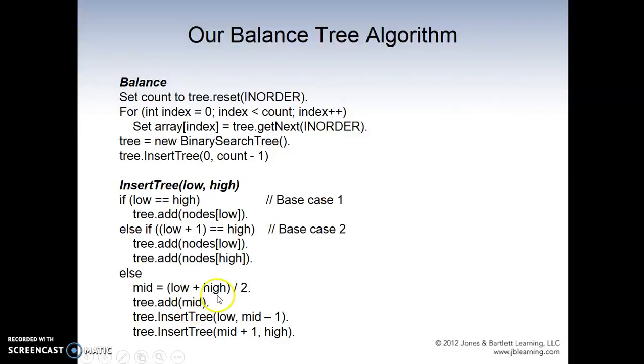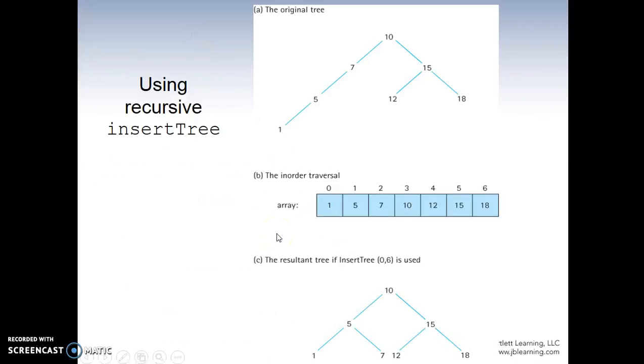After adding, we work recursively on the first half first. Low has to go first, so low goes first with mid minus 1. And then recursively do the same with the second half, the high half on the right, which is mid plus 1 to high. So this is the algorithm for a balanced tree.